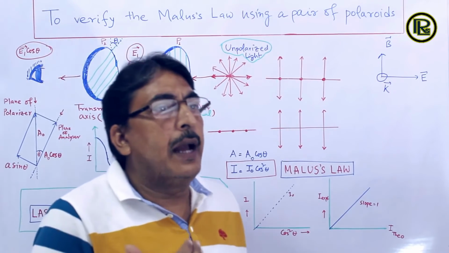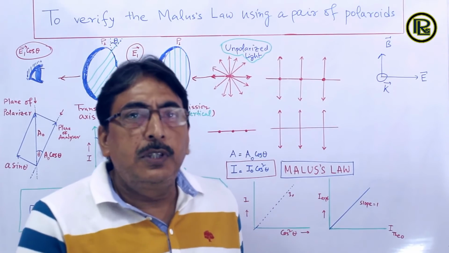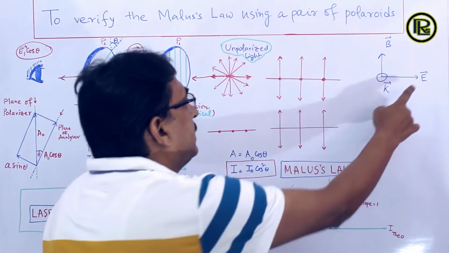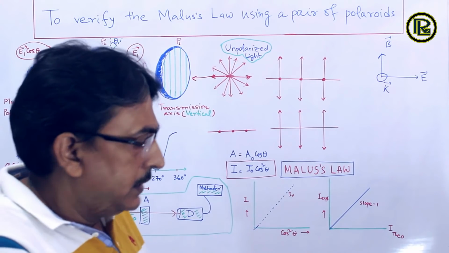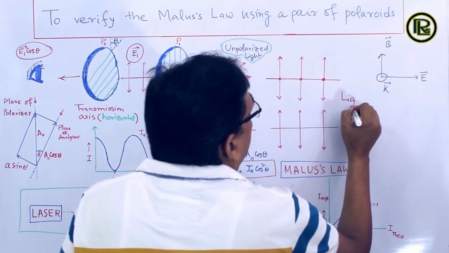All the photographic action, all the optical phenomena are due to this electric field. That's why this electric field E is called the light vector.